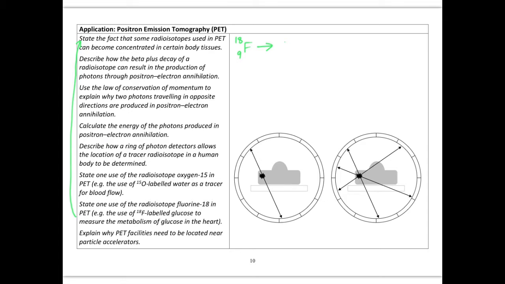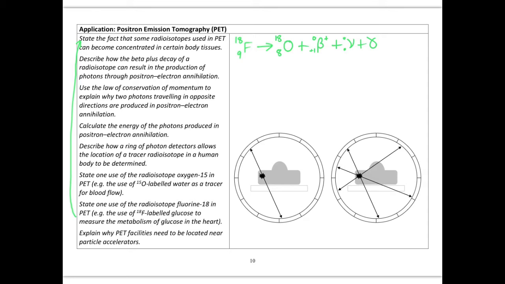So a proton is converted to a neutron. So we lose, if you like, a proton. The proton gets converted to a neutron. The number of nucleons stays the same. So it becomes oxygen. And we get our beta plus particle released. And we obviously also get our neutrino and our gamma ray photon. Talked about the reasons for those before.